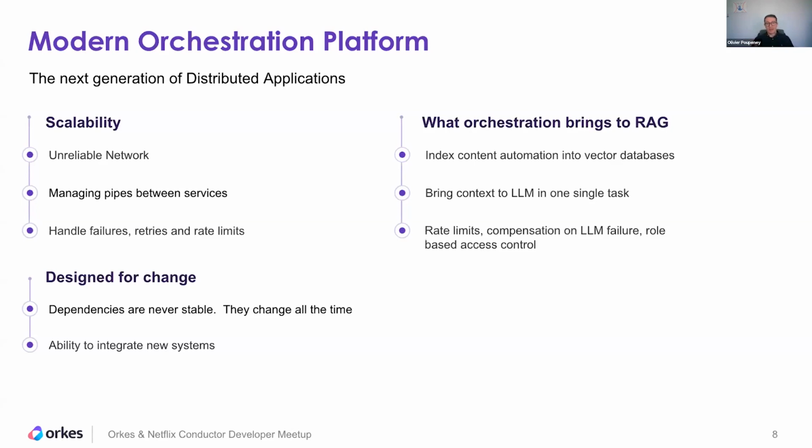So you can rely on a compensation workflow that will integrate maybe an agent, or someone that is human, that can help and assist the user if they didn't get their answer. And we bring also role-based access control that will make sure that the users that are authorized to query a model are really authorized to do so.